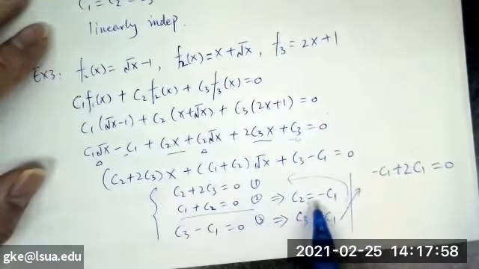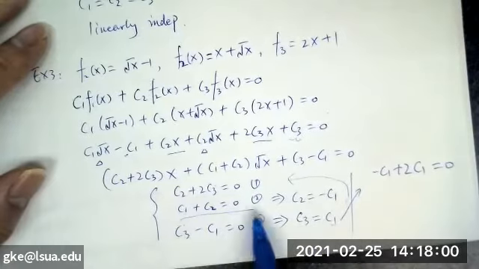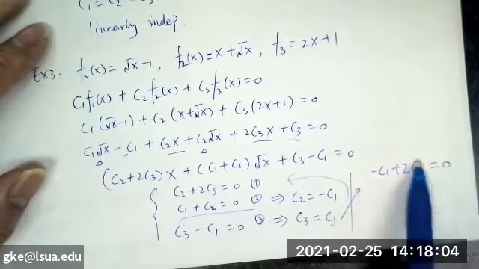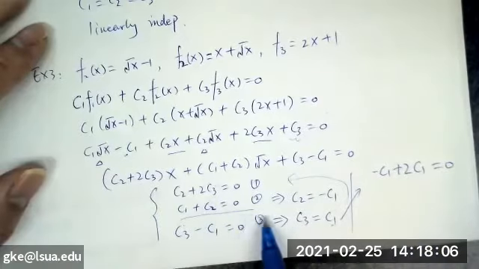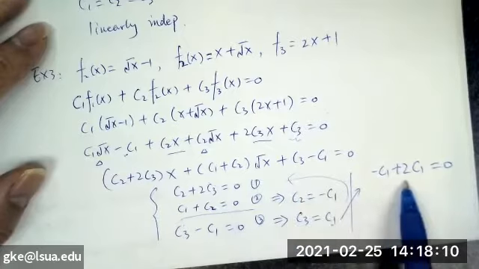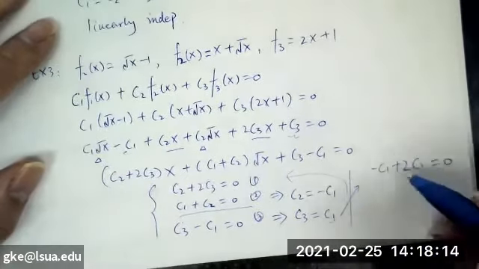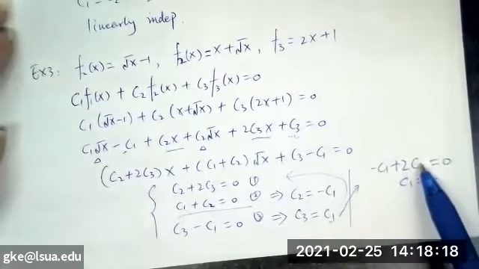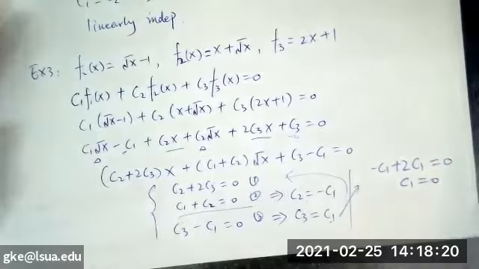I plug in C2 equals negative C1 and C3 equals C1, and we eliminate C2 and C3. We have only one variable, C1. It's negative C1 equals 0, so C1 equals 0.